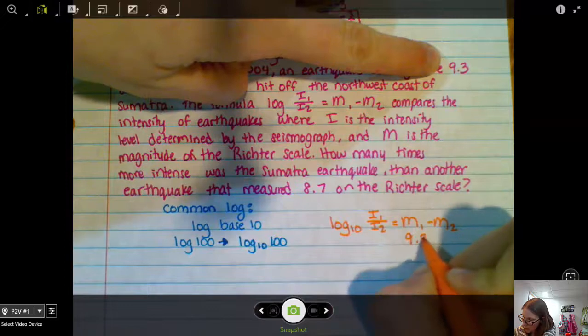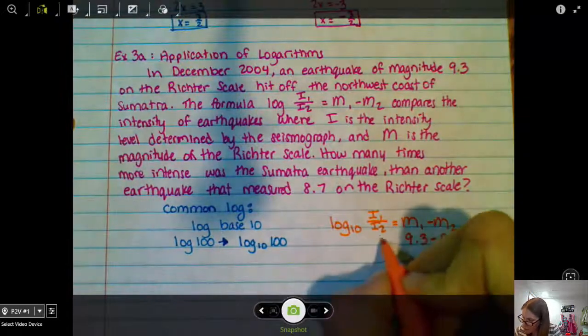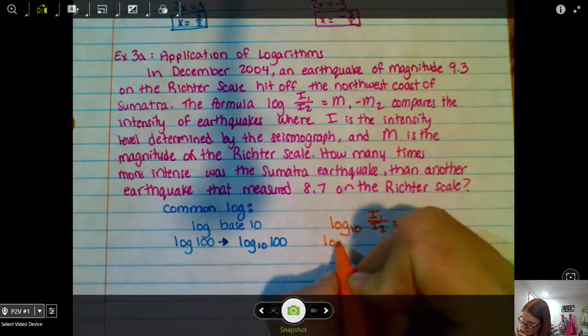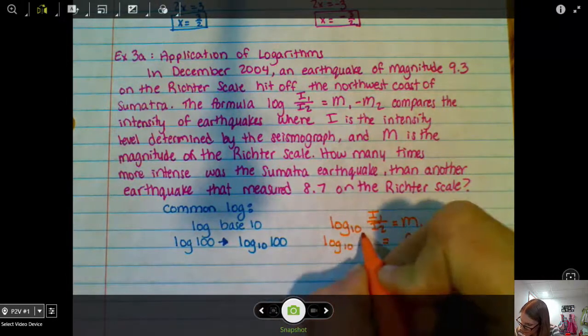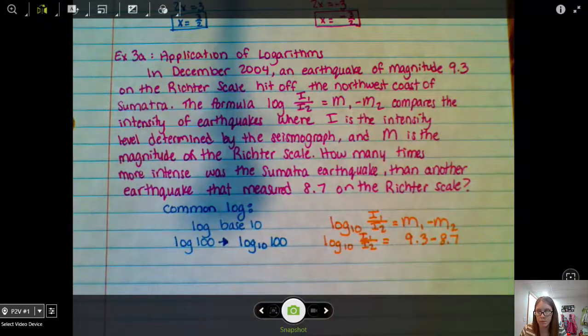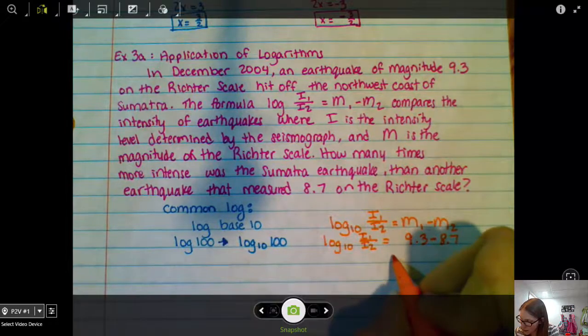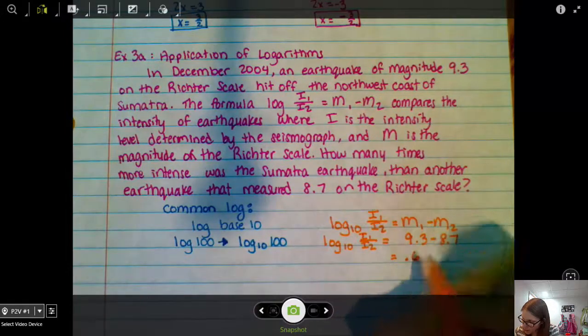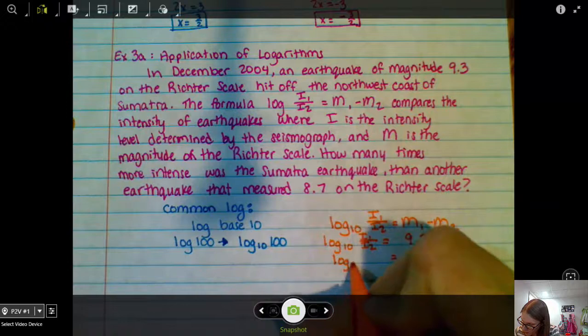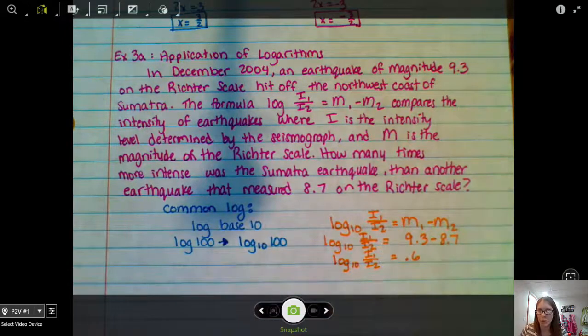So 9.3 minus 8.7 for M1 minus M2. And 9.3 minus 8.7 is 0.6. So the log base 10 of I1 over I2 is 0.6.